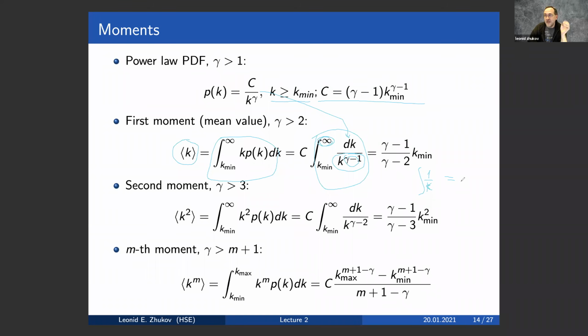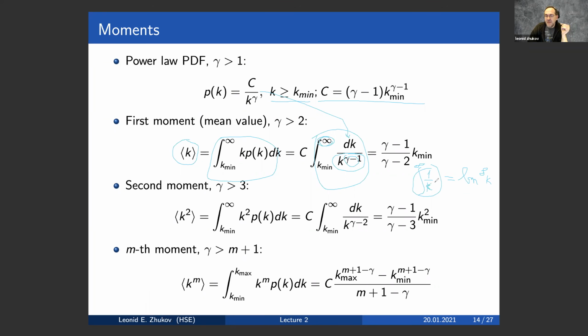Okay, don't embarrass me. Logarithm. It's logarithm of k. Now, if I go to infinity, what's the logarithm of infinity? Infinity. It's diverging. So if I take 1 over k, that integral diverges.